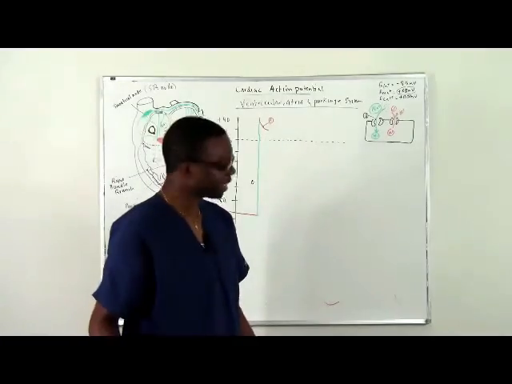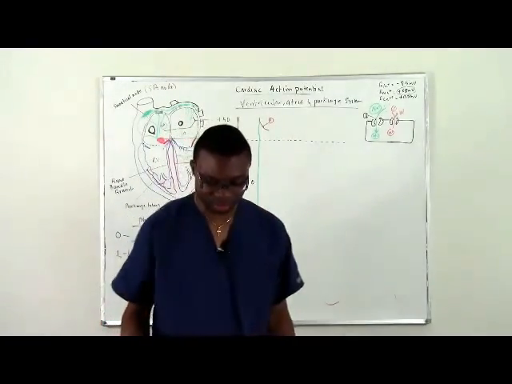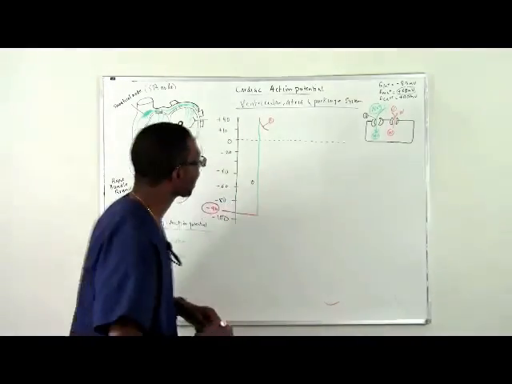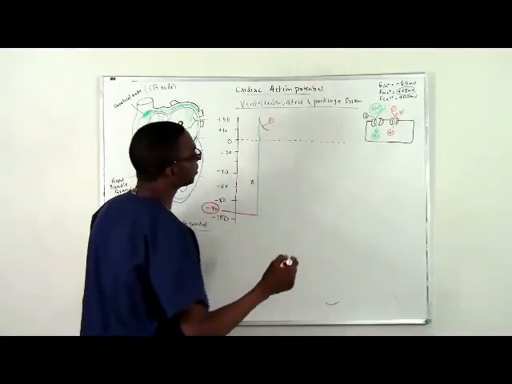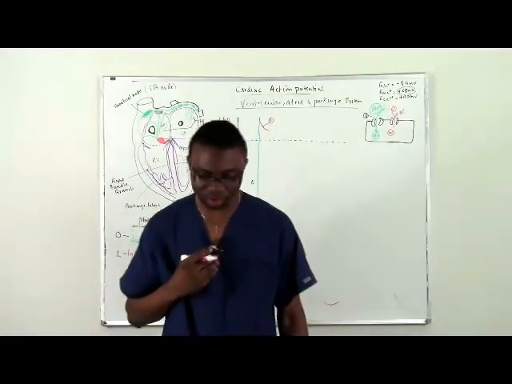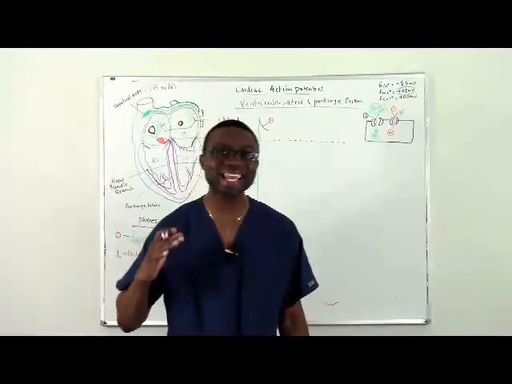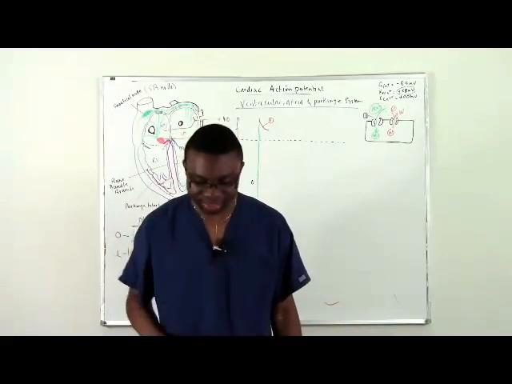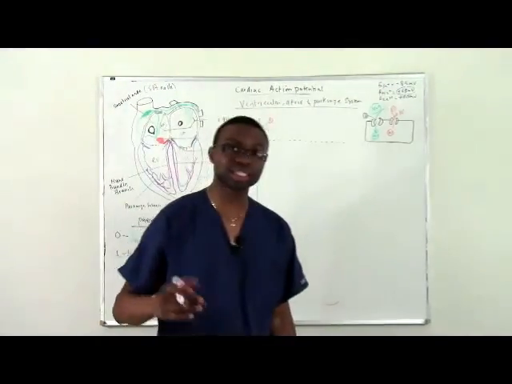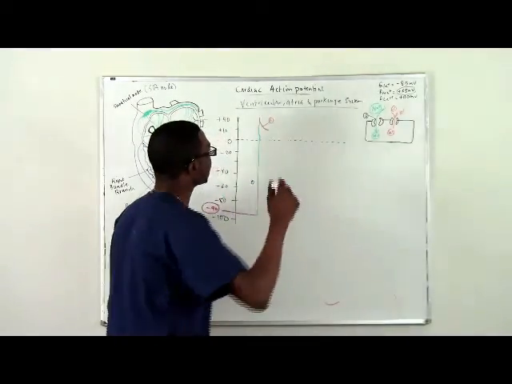And then we go to phase 2. Phase 2 involves the plateau of the action potential. The plateau of the action potential at this point is caused by a transient increase in calcium conductance, which results in an inward flow of calcium. So let's take a look.